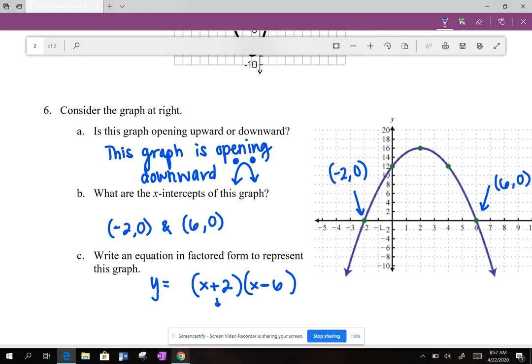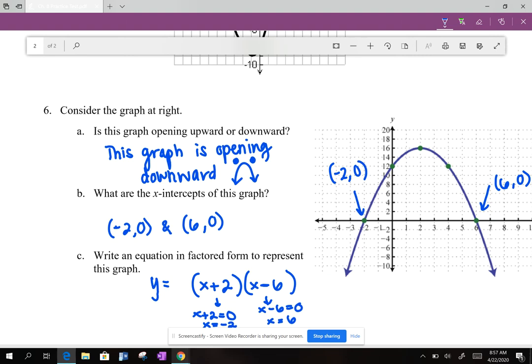If I set x plus 2 equal to 0 and I solve for x, I get x equals -2, which was one of my x-intercepts. If I set x minus 6 equal to 0 and I solve for x, I get x equals 6, which was the other x-intercept. So here you want to use the opposite sign.